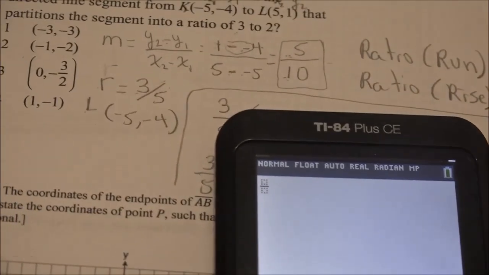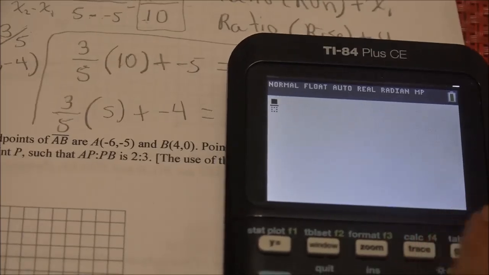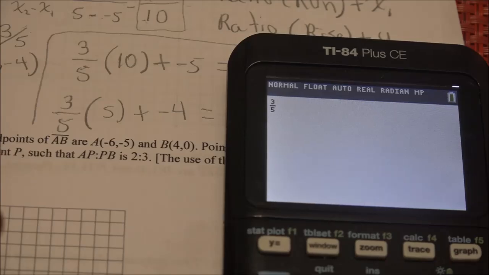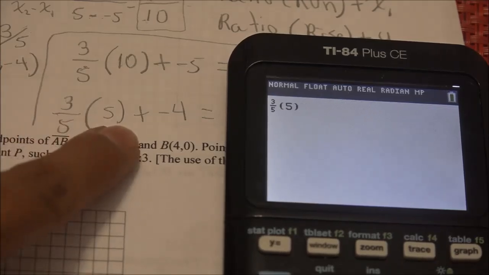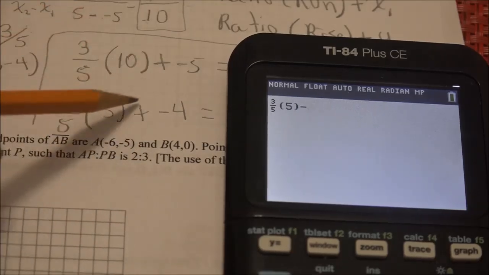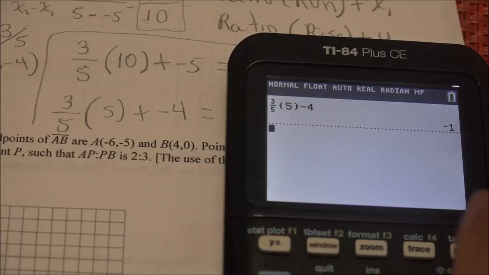See that? And I am going to input what I see over here. 3/5 times 5 plus -4, or just -4. I don't like to have two signs together. I don't know who invented that. And I get -1.